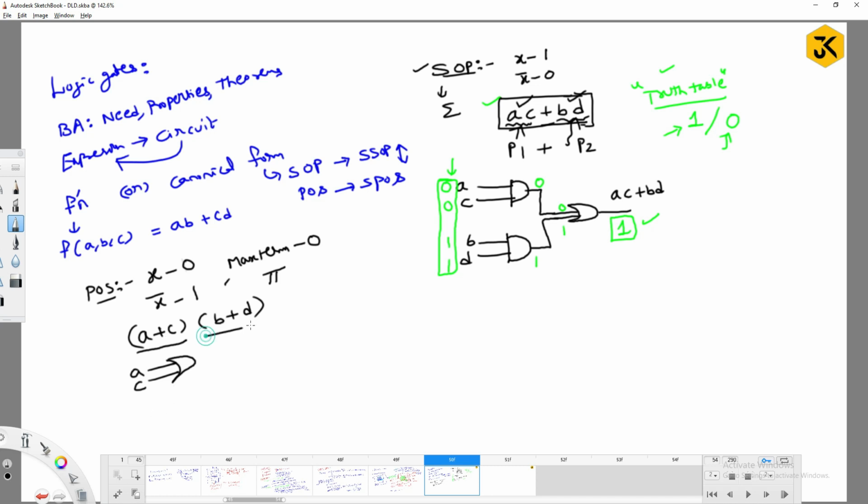First one is done. The second one is B is input, D is input, and we have an OR gate. We get outputs A plus C and B plus D. For this, I need to combine with an AND gate. You are going to get (A plus C) into (B plus D), right?